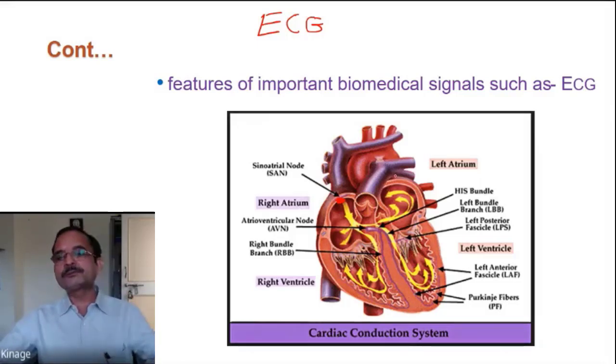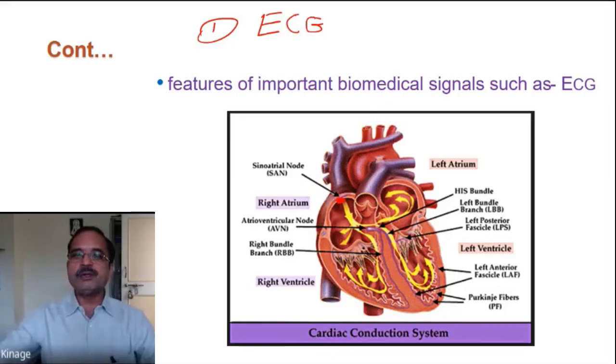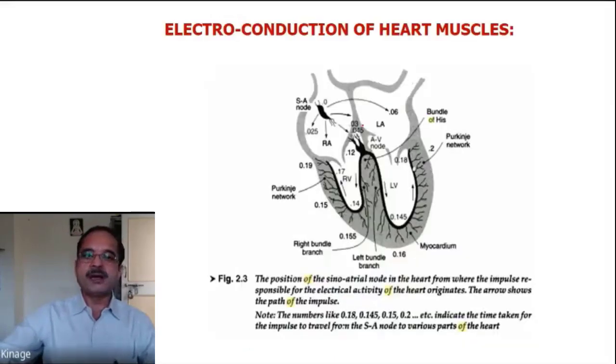we are going to study in the next unit, that is unit number 2. So at this point, I am not going to discuss the detailed working of our heart, but the purpose here is just to introduce you to the different types of electrical signals. The first one we are going to start with is ECG, related to the electrical activity of the heart.